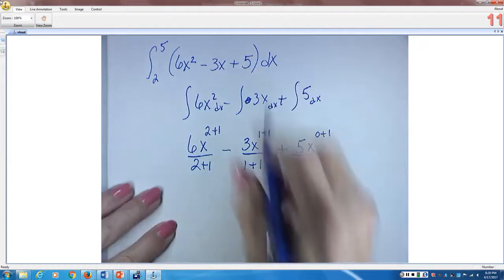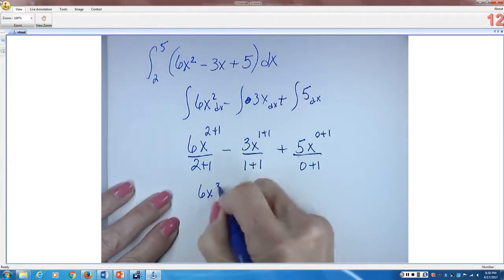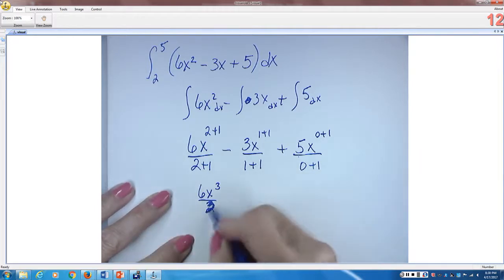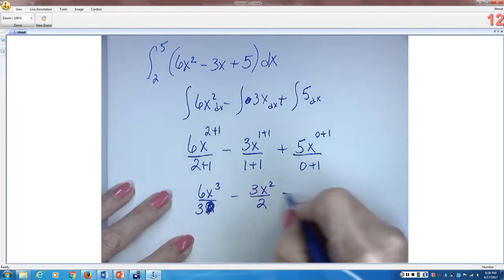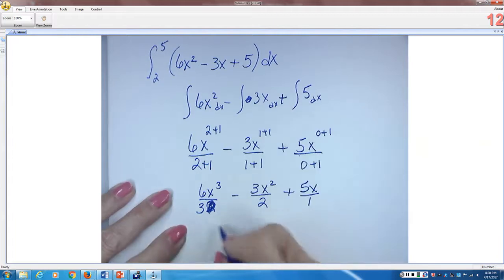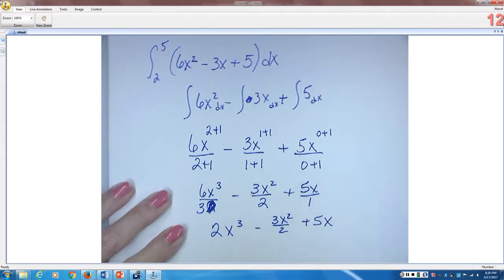So the value of that integral is 6x cubed over 3, not 2, 3, minus 3x squared over 2 plus 5x over 1, or more cleanly, 2x cubed minus 3x squared over 2 plus 5x.